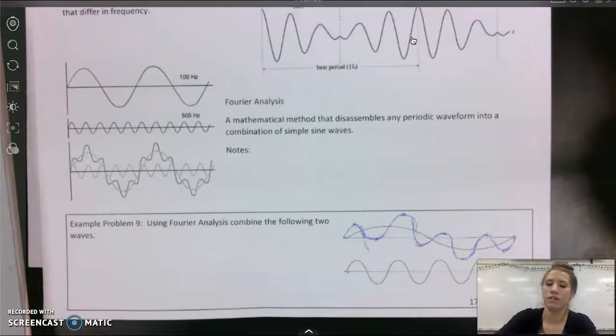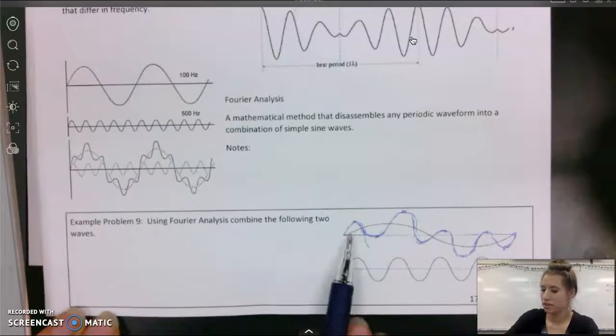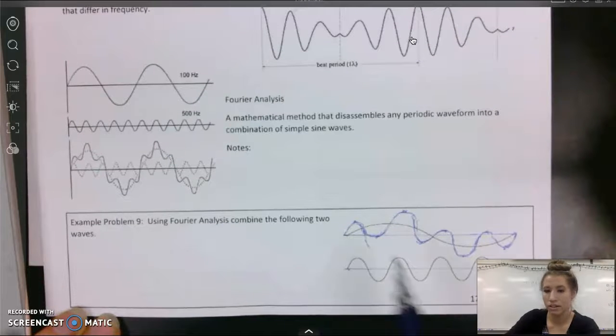Okay, and so then that's my resulting wave. Now, I want you to notice that the resulting wave has the same general trend as the original, right? It goes up and then it goes down, and then we have all these up and down interactions because of the secondary wave there.